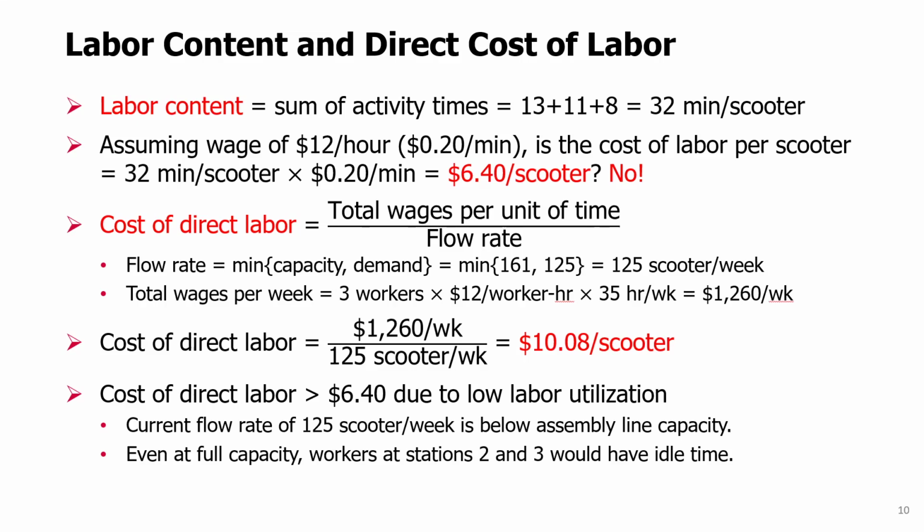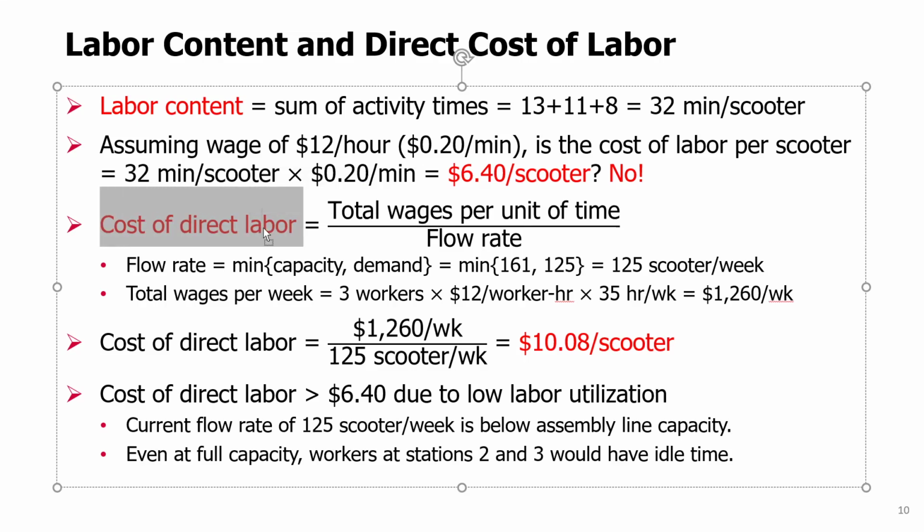So we will calculate the cost of direct labor as the total wages per unit of time divided by the flow rate of the products. Remember, we calculated the flow rate as 125 scooters per week. This is in the month of March because the demand is only 125 scooters per week.